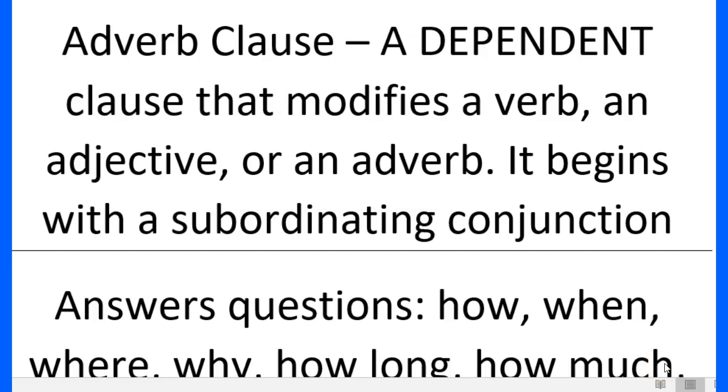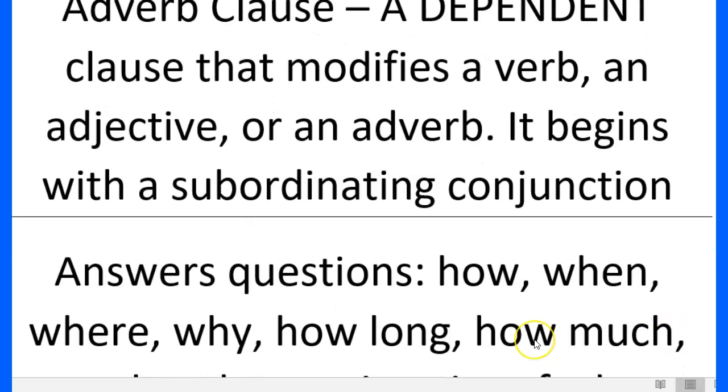You will find this information on page 391, and the gray box is where I have taken this definition from. So based on the information that I've provided, a clause is going to have a subject and a verb in it, but it has to be dependent. It can't stand alone. And therefore, when it is diagrammed, it's not going to be on the main line, but a lower line, below the main line.